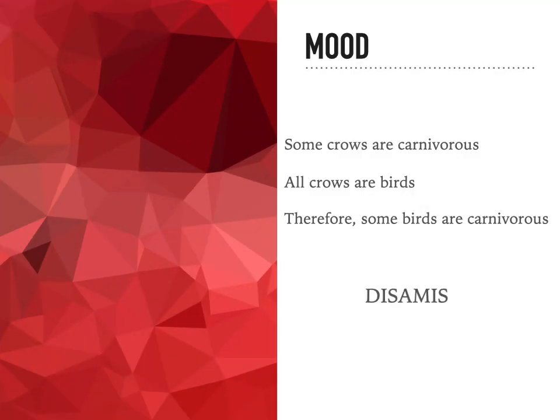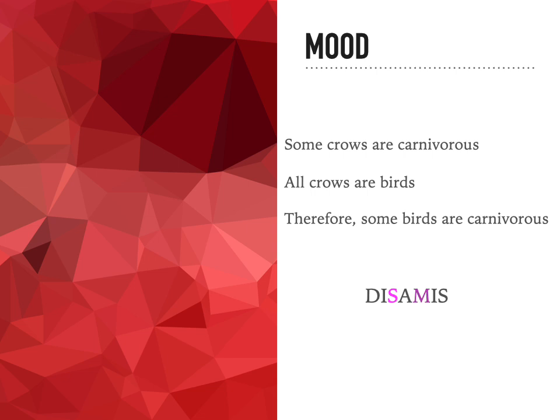Let's look at this next one. Some crows are carnivorous. All crows are birds. Therefore, some birds are carnivorous. This is Disamis. And so this should reduce to Darii. So we see that S there. That tells me it's a simple conversion.